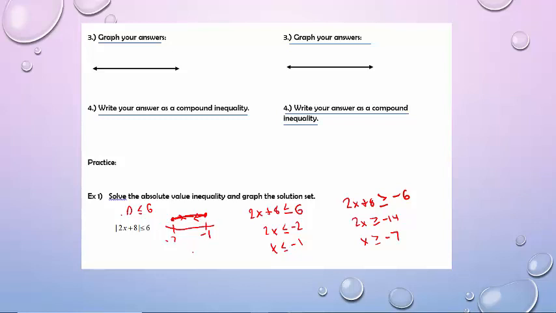So we are going to present our answer as an AND, which means we need to show x is less or equal to negative 1 and greater or equal to negative 7. So any number in that range will make this statement true.